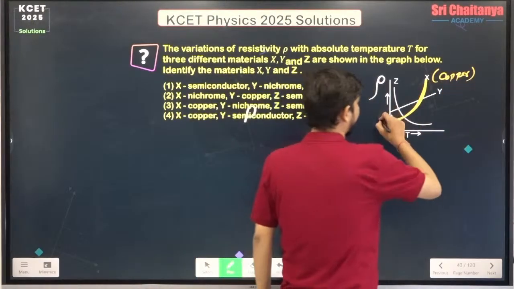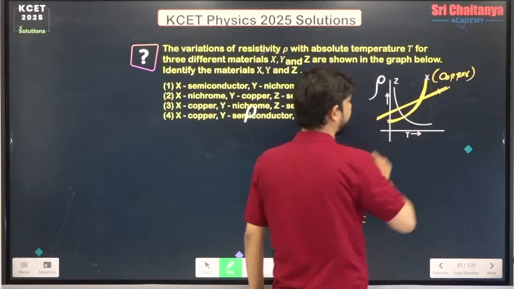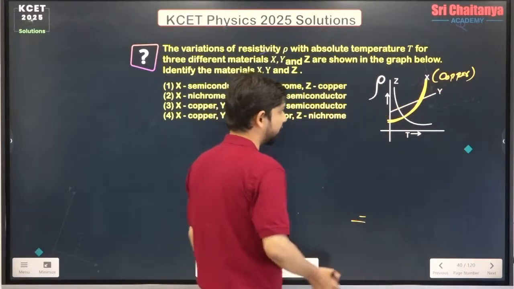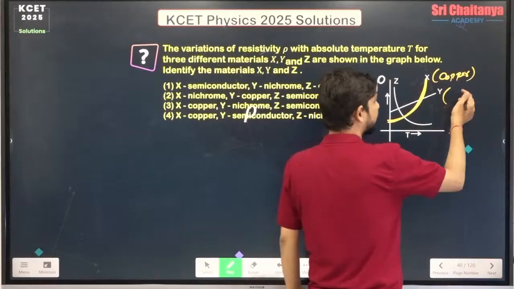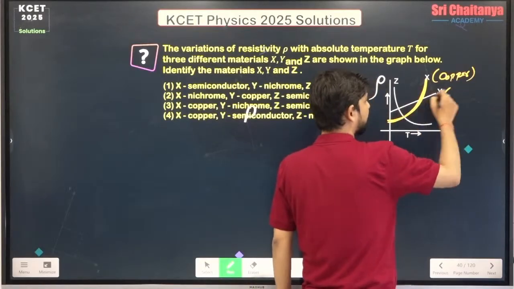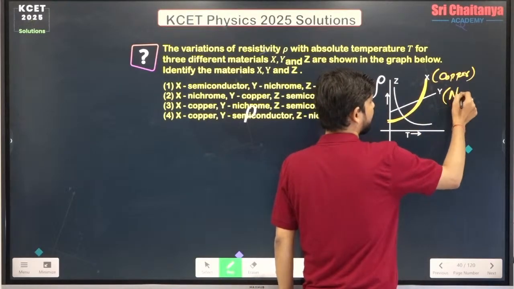Talking about Y, it has a linear graph. Its resistivity is still temperature dependent. It is increasing with temperature, but it is increasing linearly, so it will be the graph of nichrome.